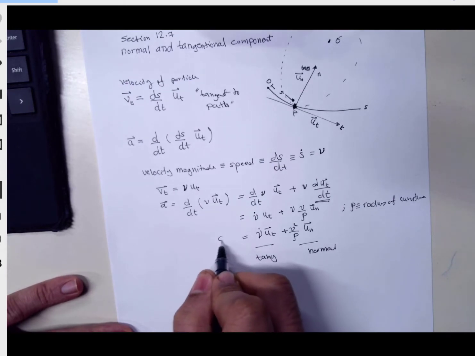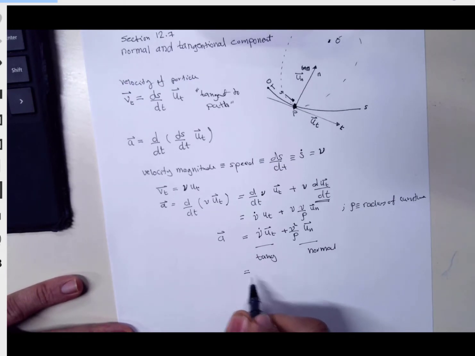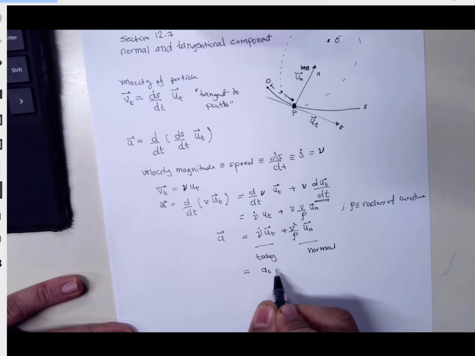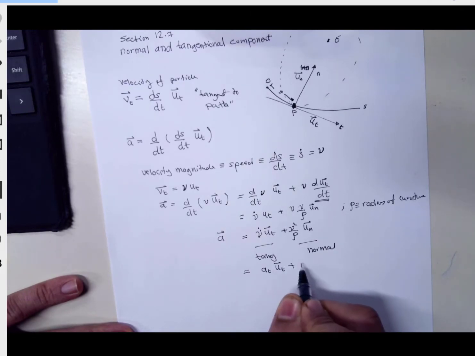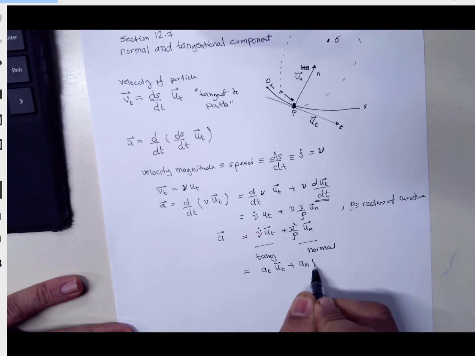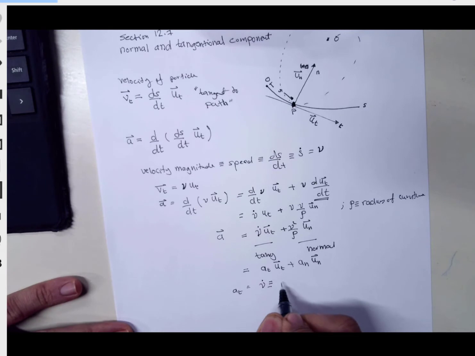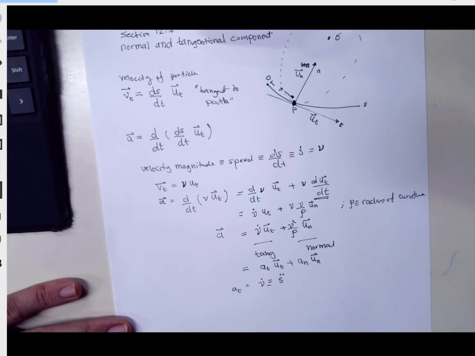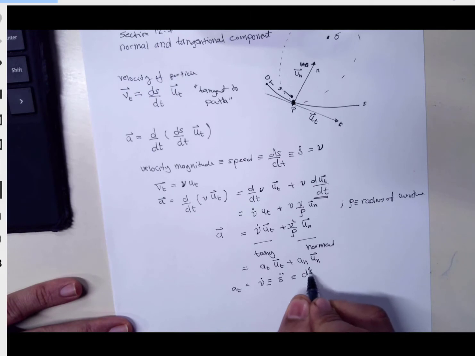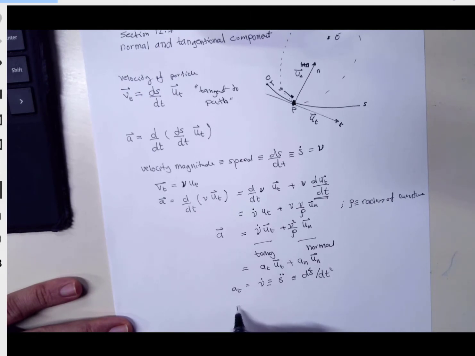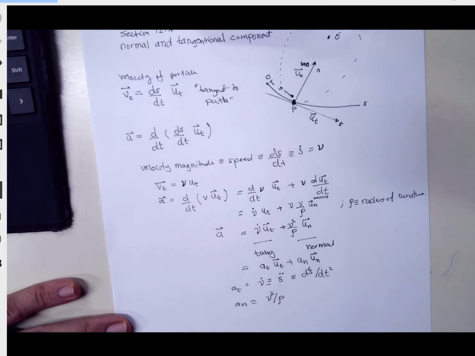So I can write this as a_t in the direction of u_t plus a_n in the direction of u_n, where a_t equals v dot, or s double dot, which is d squared s over dt squared, and a_n equals velocity squared over rho, or speed squared over rho.